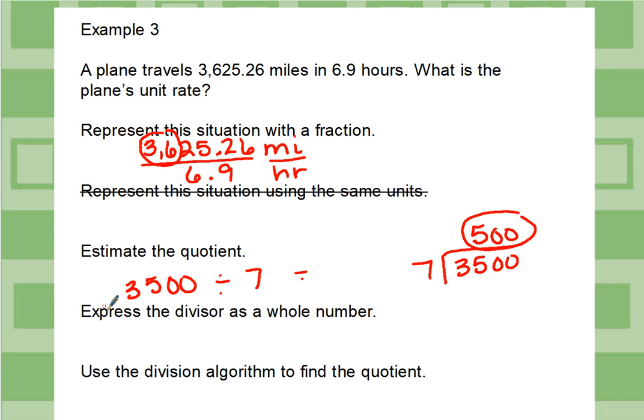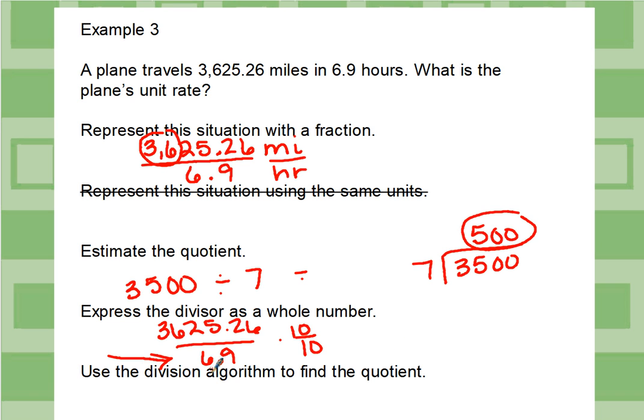So down here it says express the divisor as a whole number. So we need to go ahead and get our number here, and we're going to have to change it a little, right? 3,625.26 over 6.9. Now, here is my divisor. How many places do I have to get rid of? Well, what place is this? It's the tenths, so I'm going to have to multiply by 10 over 10.